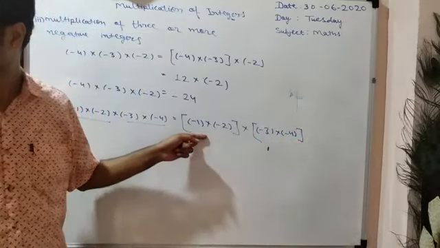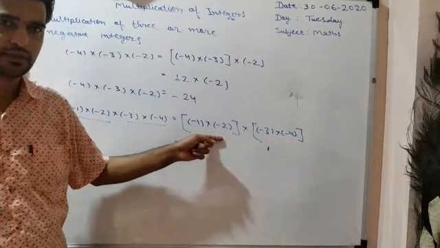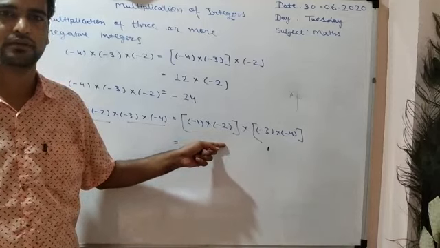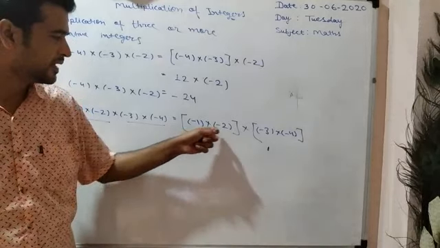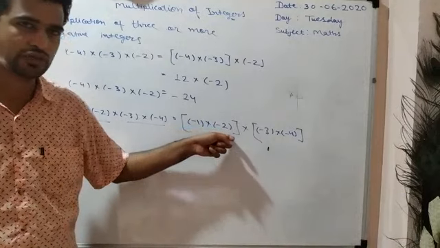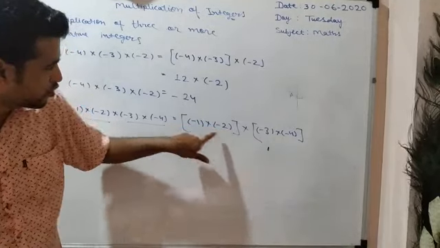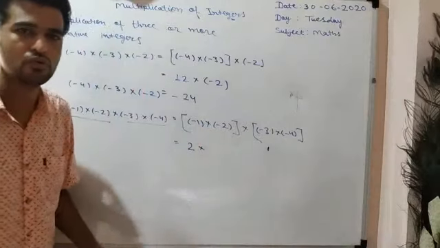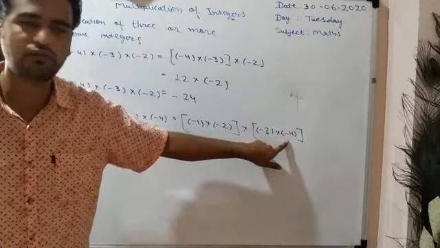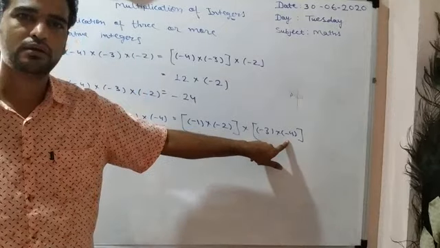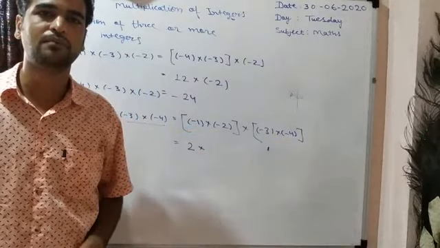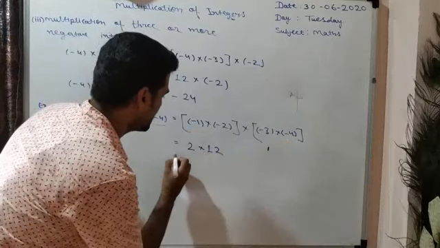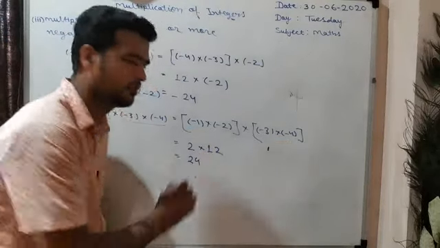When we have two negative integers, we can multiply directly and put a plus sign before the result. So minus minus becomes plus, and 1 2 is 2. And for 3 into 4, again minus minus becomes plus, and 3 4s are 12. So this is 2 into 12, 24.